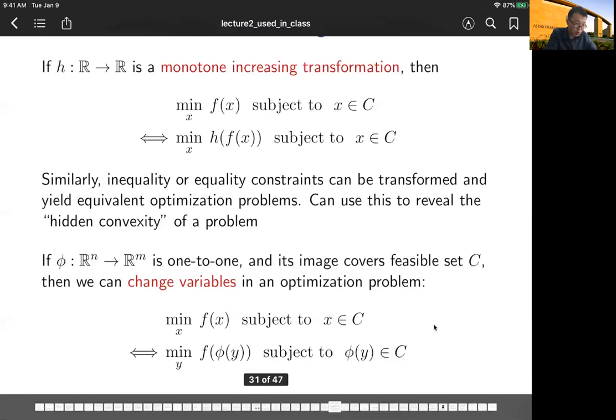This is easy to see because by adding this h, we are basically doing an isomorphism of this function. There's a one-to-one mapping, and the optimal solution that minimizes f of x is also the optimal solution that minimizes h of f of x.